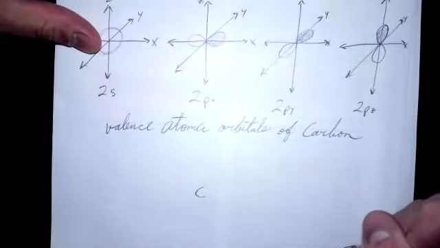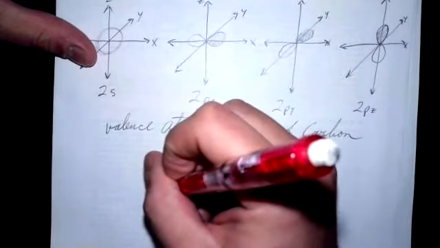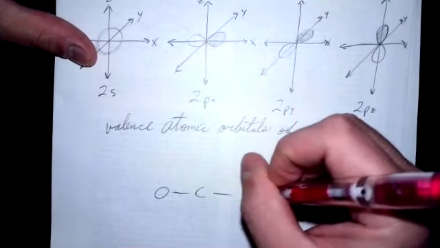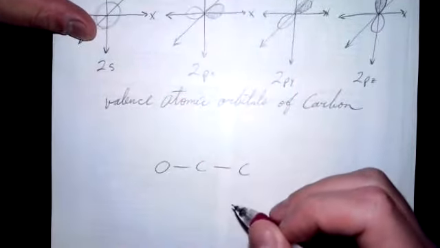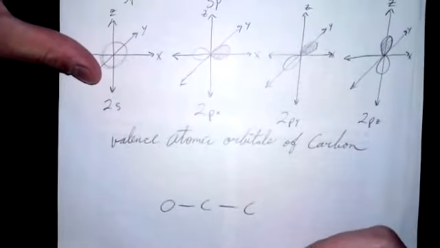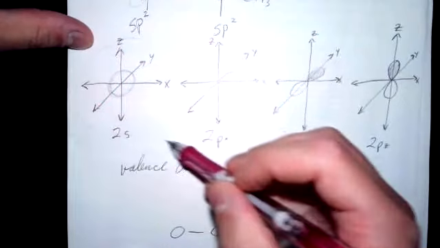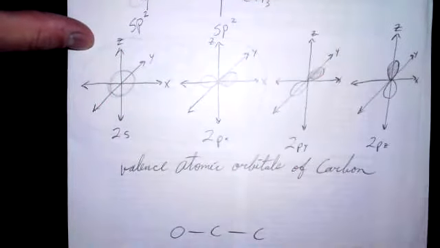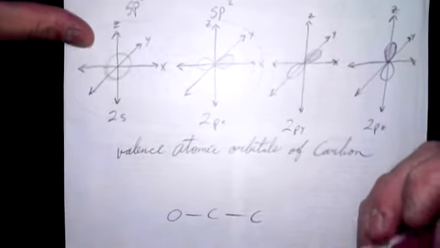Okay, there's our middle carbon. We know that it has to make a single bond to the oxygen and to the other carbon, and those are with the sp hybrid orbitals. So we combine a 2s and a 2p orbital. Arbitrarily, we could call it the 2px orbital.